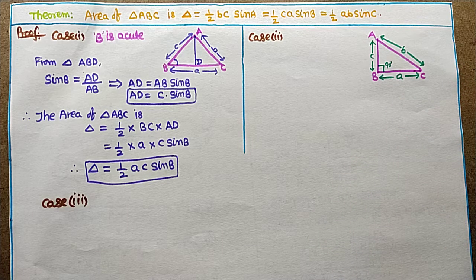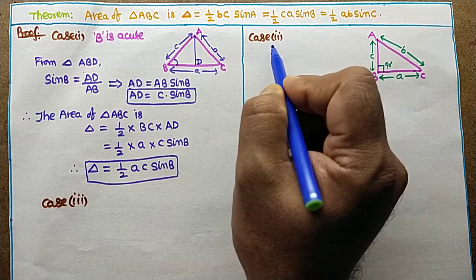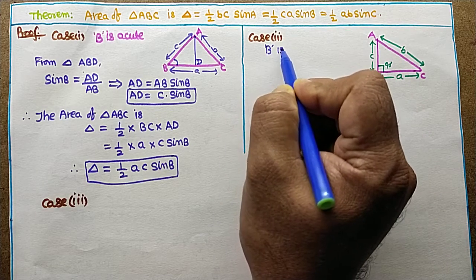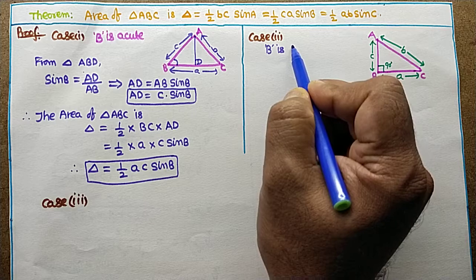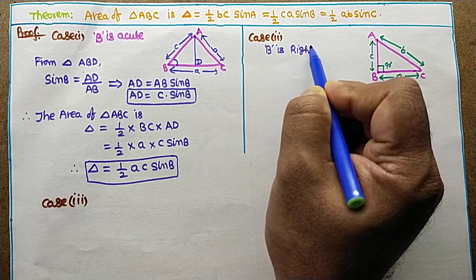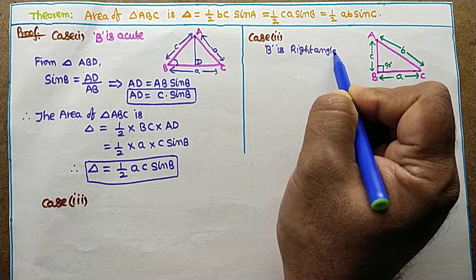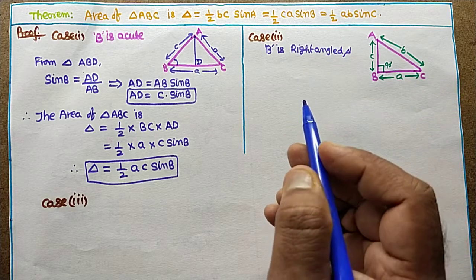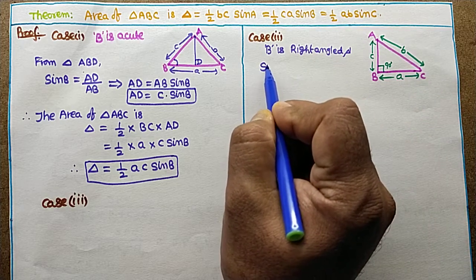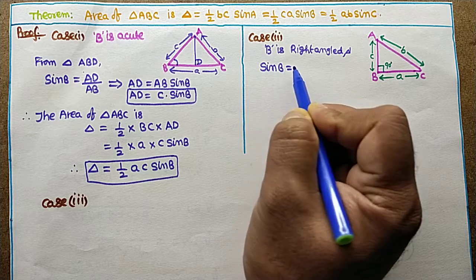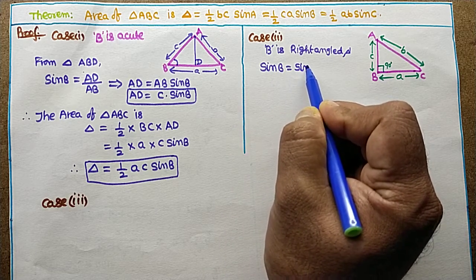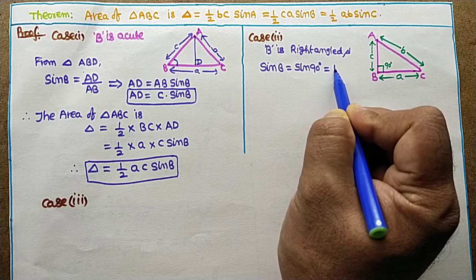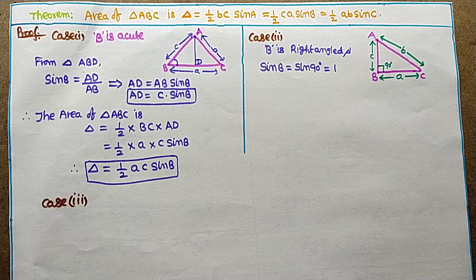Here, B is a right angle. From figure, B is equal to 90 degrees now. So sin 90, sin 90 value is what? 1. Simply we can assume that.